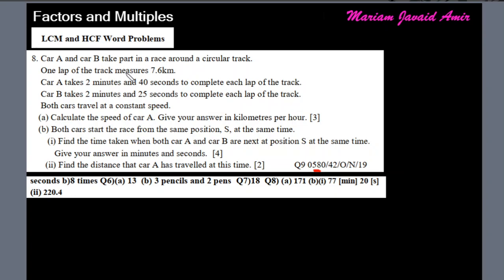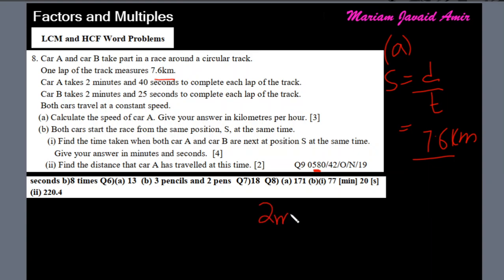So the formula for speed is equal to distance over time. The distance is 7.6 kilometers, and the time is, car A takes 2 minutes and 40 seconds. And we have to give the answer in kilometers per hour.